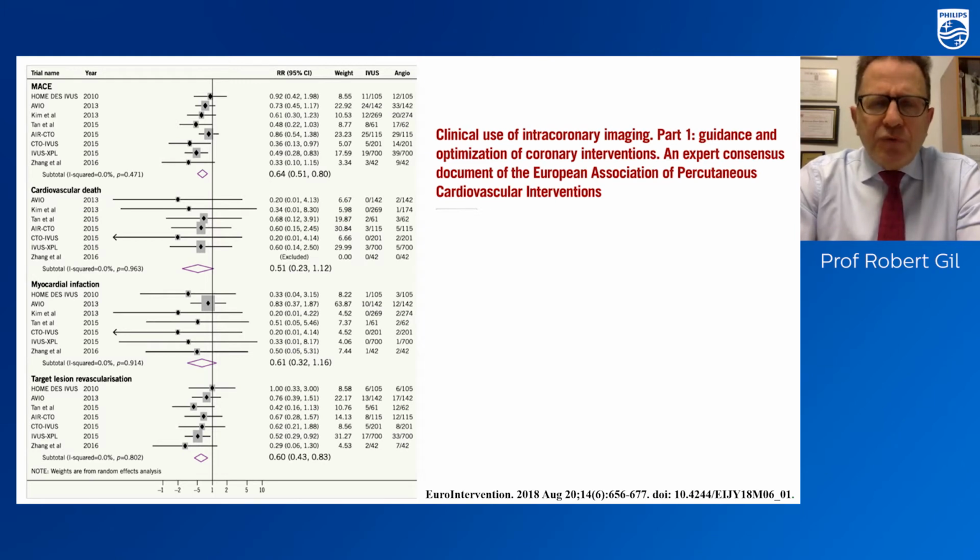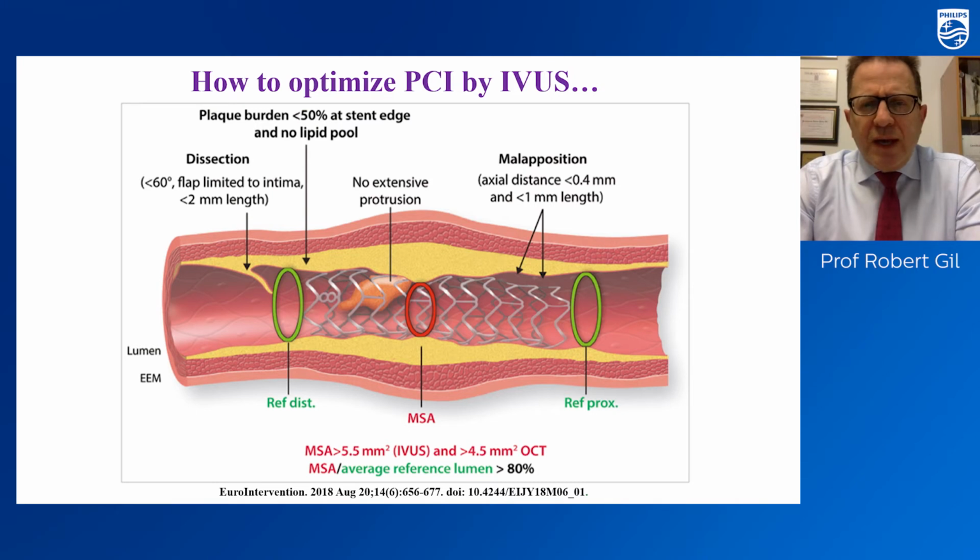How can we improve this moment? Just use intracoronary visualization. Here you can appreciate the results of many trials showing that the results, also for long term, are much better in the patients where intracoronary visualization was used. How can we optimize using these techniques, mainly IVUS? Here you can appreciate this is not only the minimal lumen area or minimal stent area.